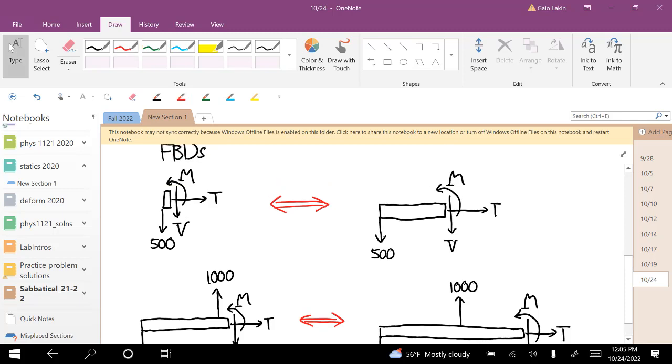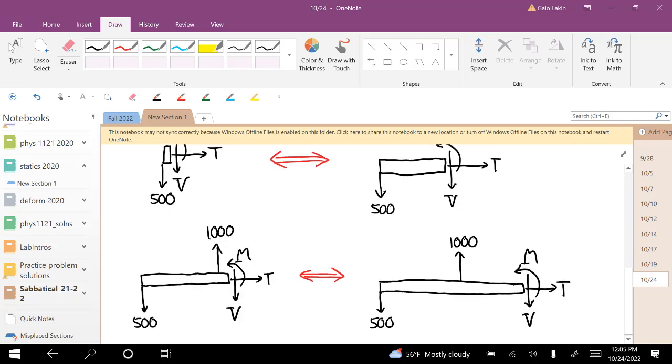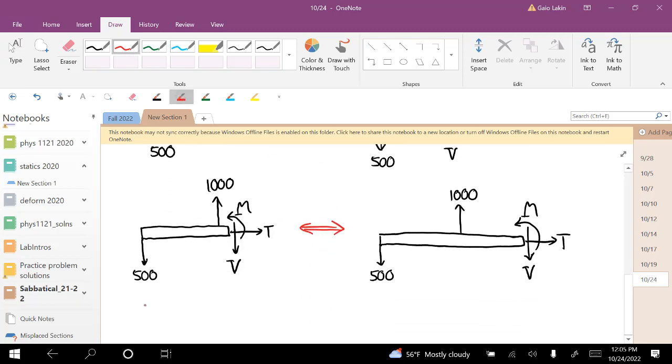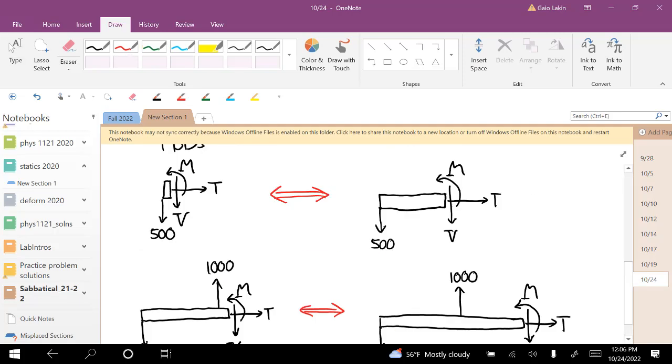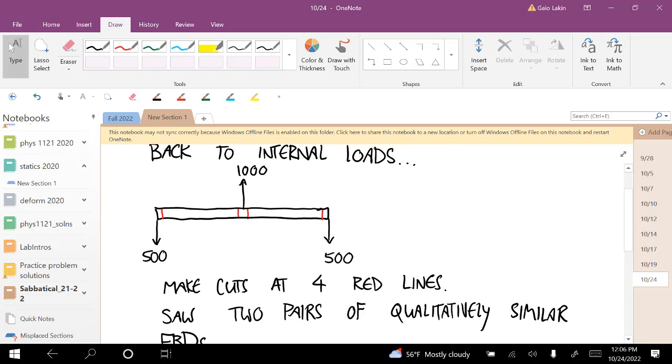The only difference is you can think of this distance as x. And x is just a different value in both of those cases, right? So in this case, x is, how long did I say this thing was? I forgot. 1 meter.